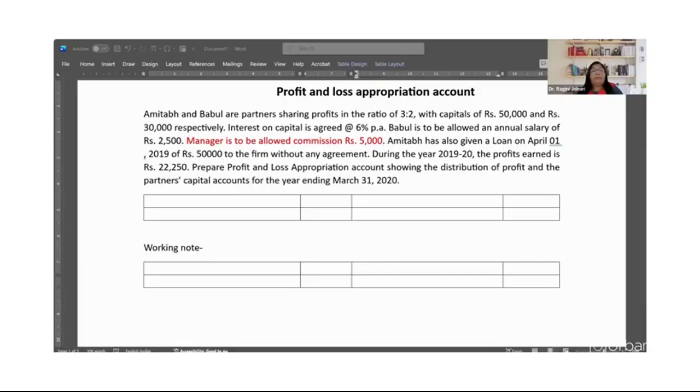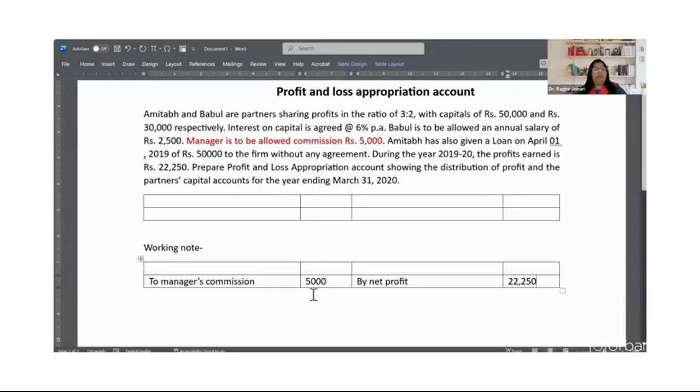First, the manager's commission, which is 5,000 rupees.